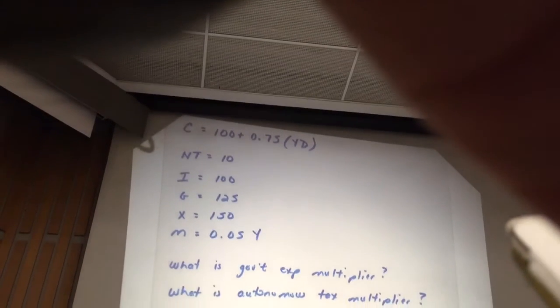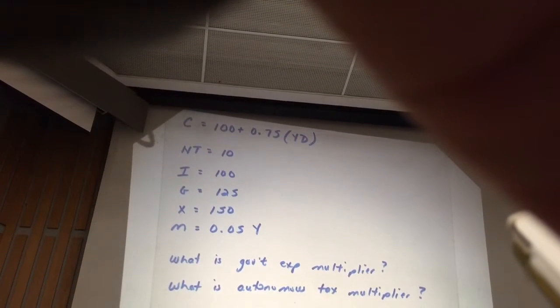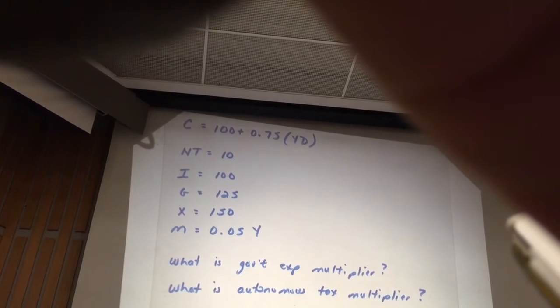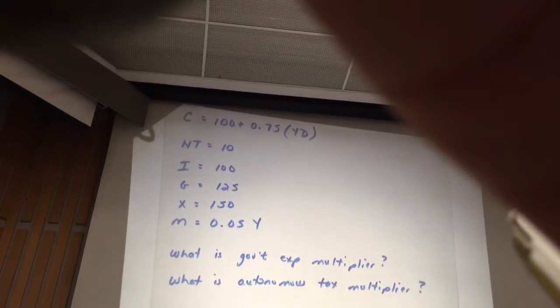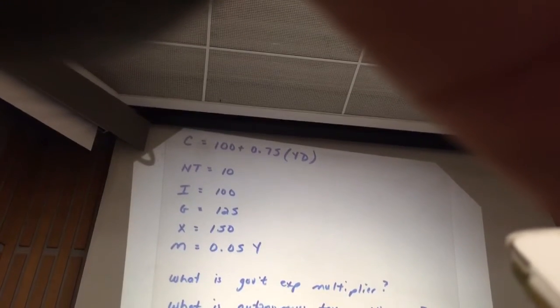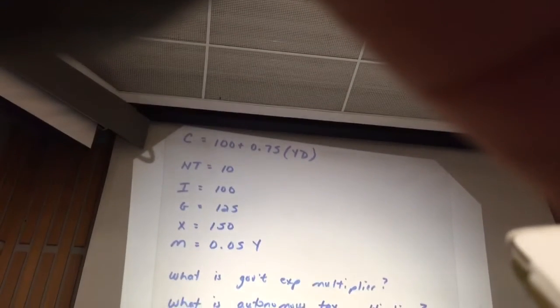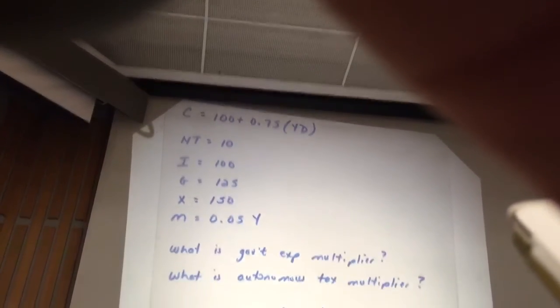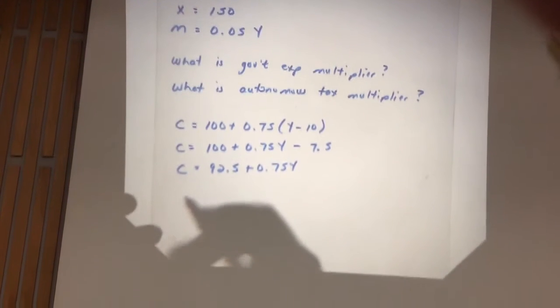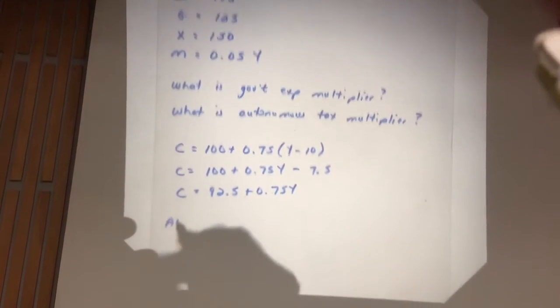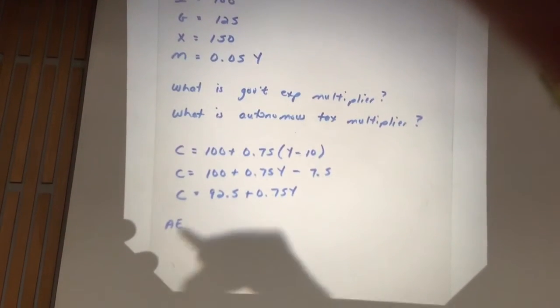So C is equal to 92.5 plus 0.75Y. If I make a math error, jump up and down. Does everybody agree with what I just did? Yes, no? Okay.